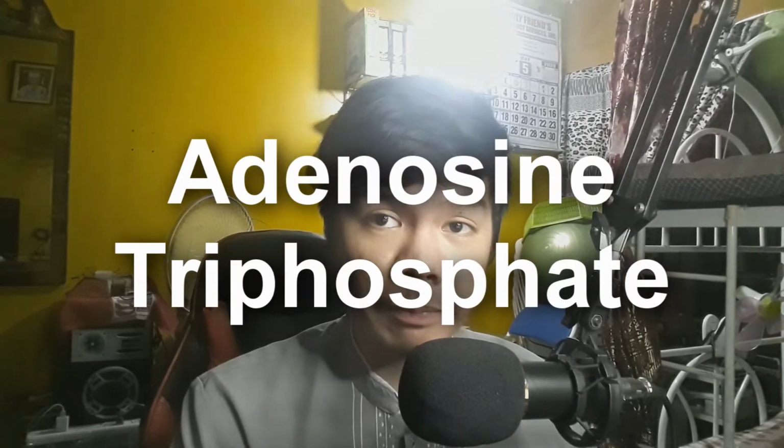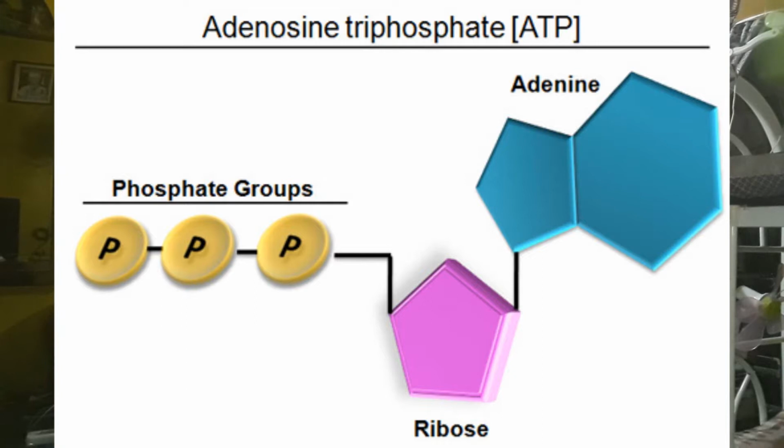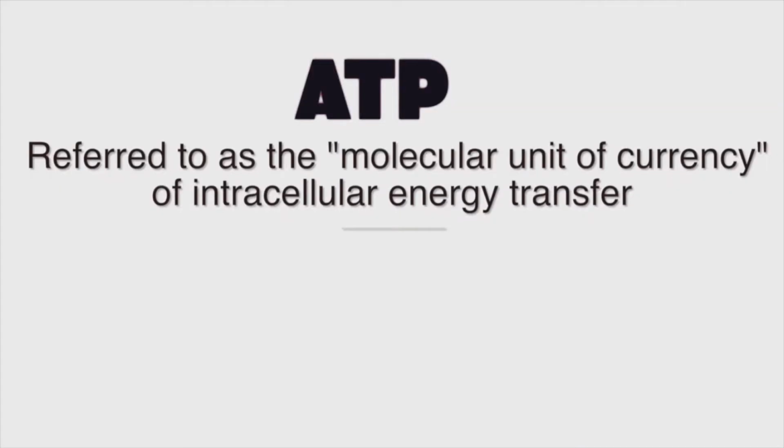If you're wondering, what is this ATP? ATP stands for adenosine triphosphate, as we have discussed in the previous topic. Adenosine triphosphate is composed of adenosine and three phosphate molecules, and it is referred to as the molecular currency of intracellular energy transfer.